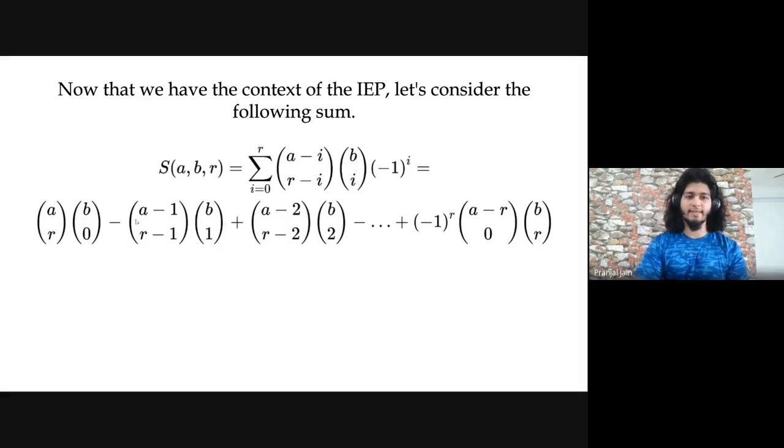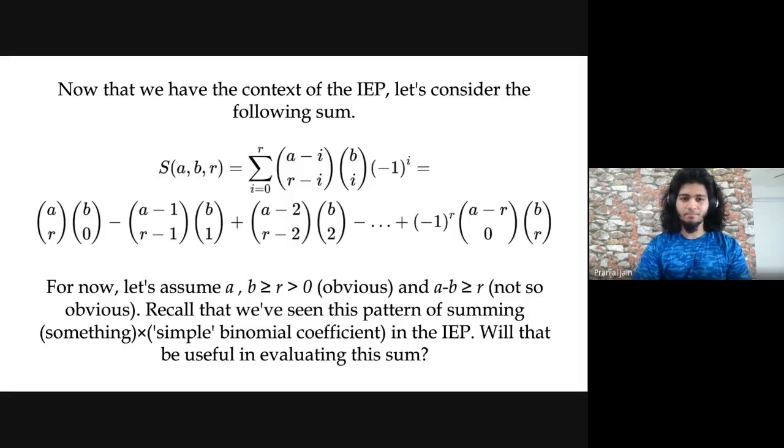This alternating sign will look familiar because we just saw the inclusion-exclusion principle, and that will actually help us solve the problem. For now, we'll assume that a and b are greater than or equal to r, of course. You want a greater than or equal to r because otherwise this term will have a negative index up top, and we don't want that.